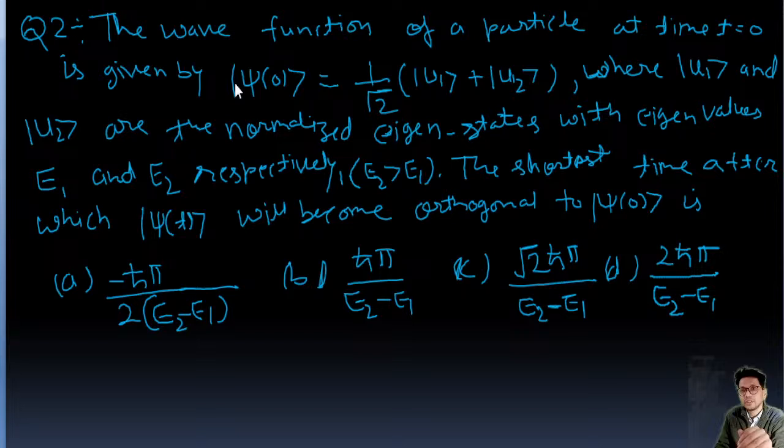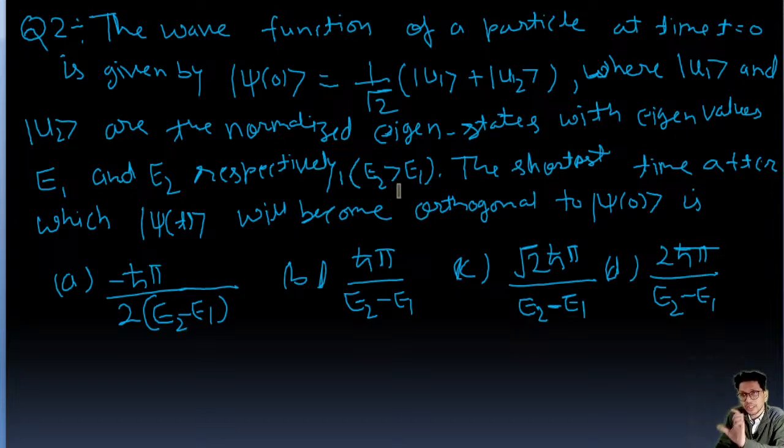Okay, just wait guys, the system is getting hanged. The wave function of a particle at time t equal to 0 is given by psi 0 is 1 by root 2 (u1 plus u2), where u1 and u2 are normalized eigenstates with eigenvalues e1 and e2 respectively, e2 greater than or equal to e1.